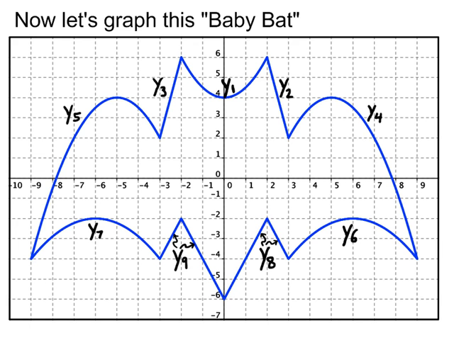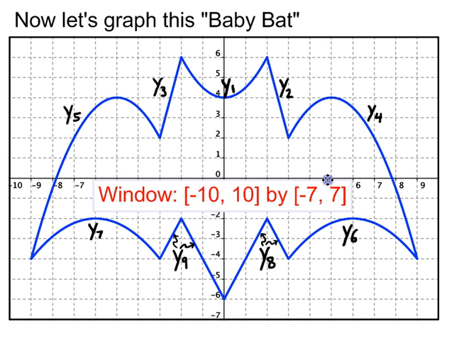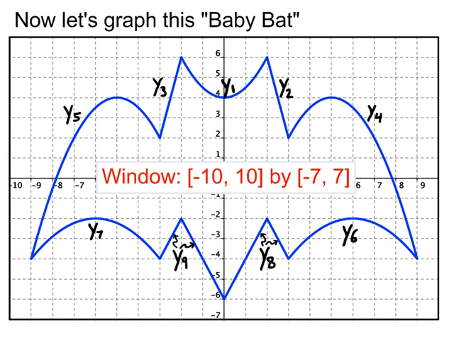So a total of 9 pieces to make this baby bat. We'll do 3 of them here together, and I'll ask you to do the other 6 on your own just to make sure you're getting the hang of this. Let me ask you right from the beginning, please set your window settings as such. Your X-min and your X-max would be -10 and 10 respectively, and make your Y-min and your Y-max -7 and 7 respectively.